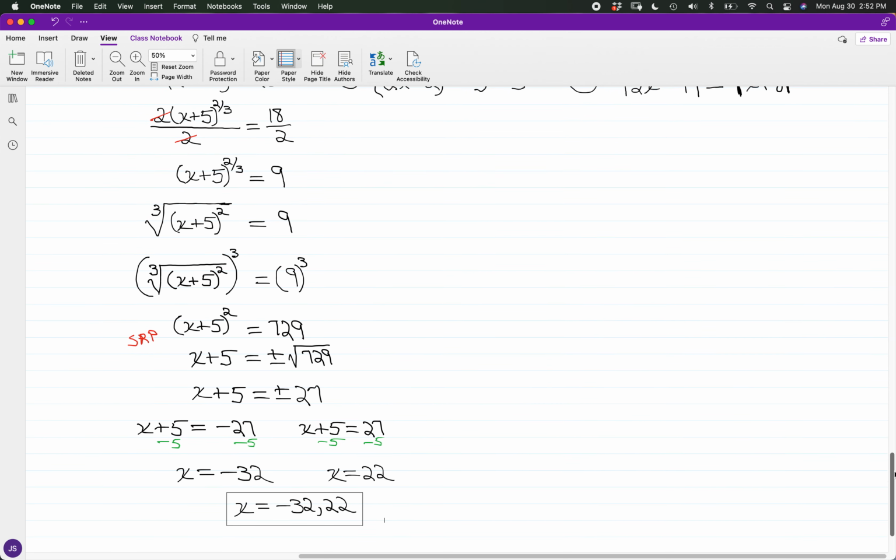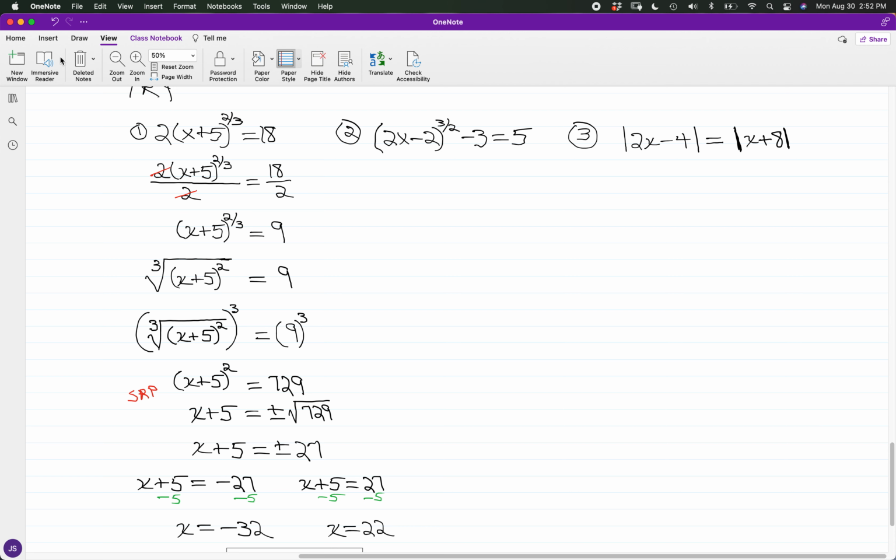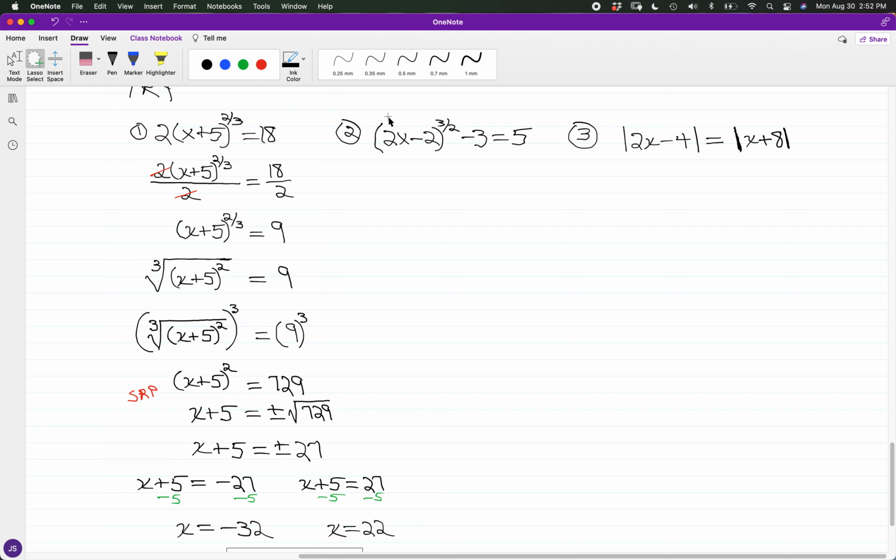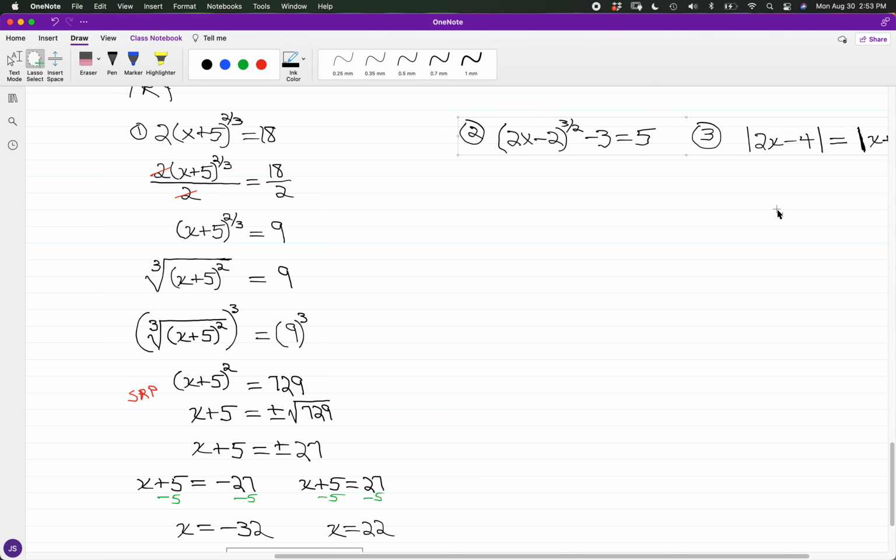Now, in the second case, we've got the quantity of 2x minus 2 to the 3 halves, minus 3, is equal to 5.